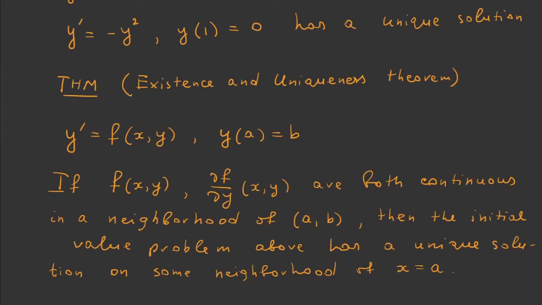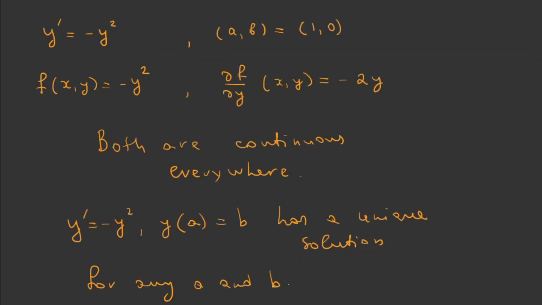Let's see how we can use the theorem to conclude that the second initial value problem has a unique solution. In this case, for the differential equation y prime equals negative y squared, the function f of x, y is negative y squared.